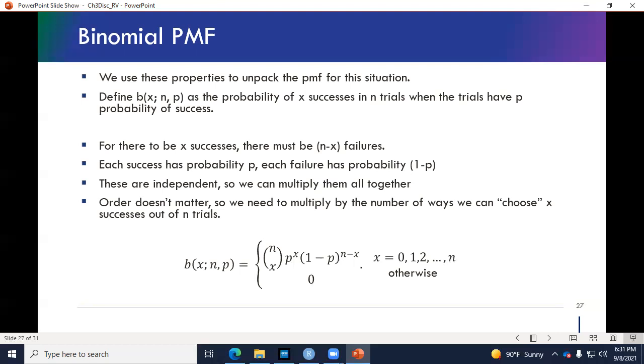So this is the binomial PMF, and the parameter associated with this would just be P. N is just the total number of trials you have for this binomial distribution.